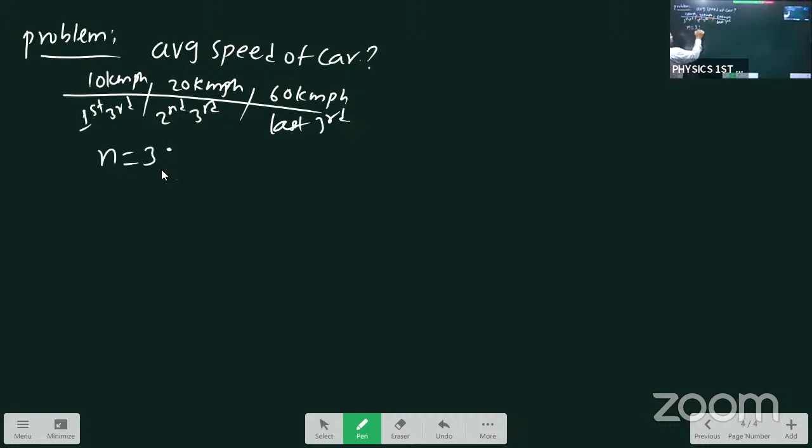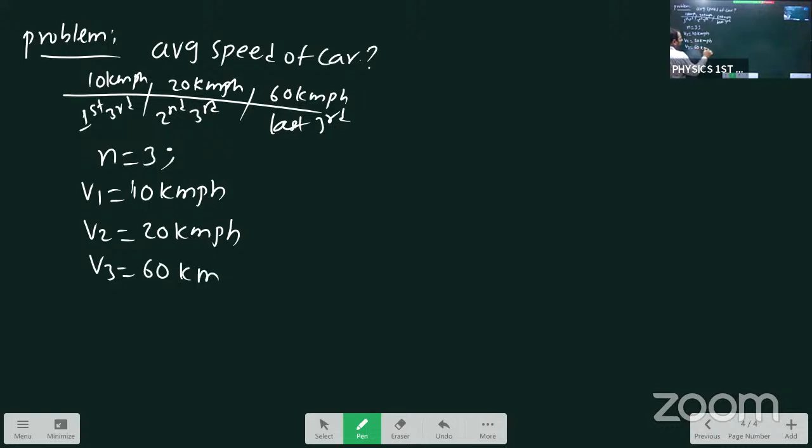Take n equals 3 different values. What is V1? V1 equals 10 kmph. V2 is 20 kmph. V3 is 60 kmph.